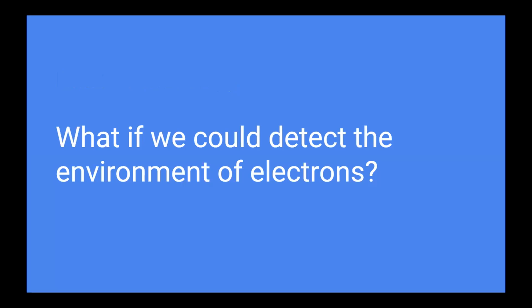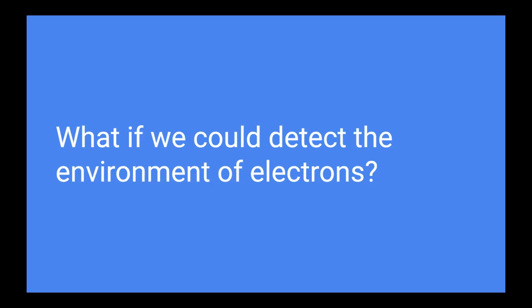So what if we could detect the environment of an electron? That'd be really cool. You can't use an NMR for that, but an EPR goes off the same theory and instrumentation in general as NMR, but now we're applying it to electrons. In NMR, like we just talked about, the spin of the nucleus really helps us out a lot, right?